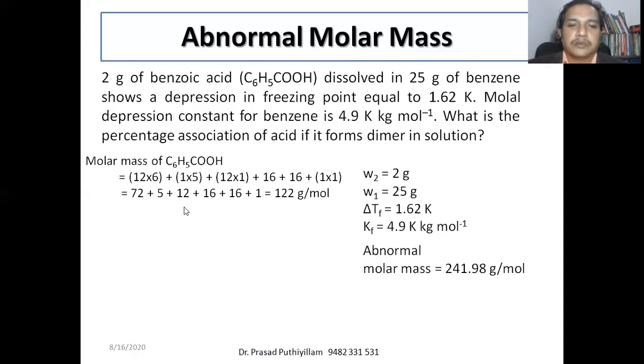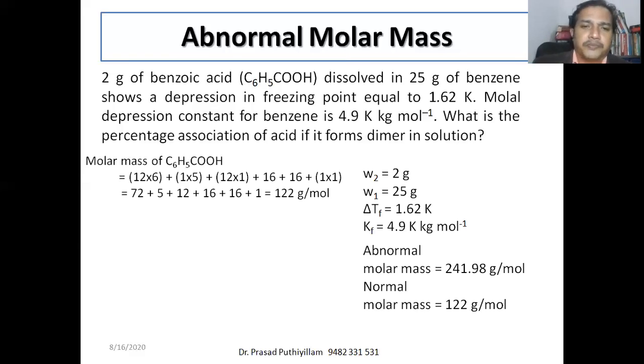So it becomes 122 gram per mole. So the normal molar mass is 122 gram per mole. Therefore, we can calculate the i factor, or Van't Hoff factor. i is equal to normal molar mass divided by abnormal molar mass, which is also equal to the number of moles of solute in the actual case.